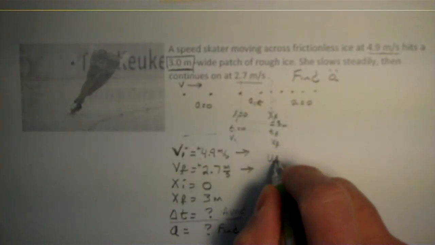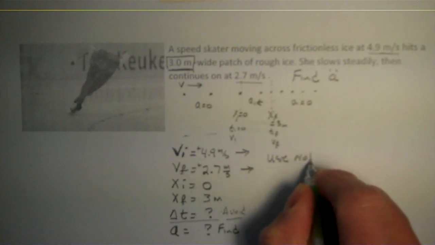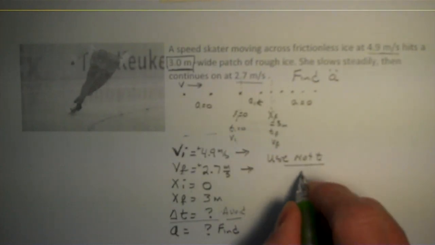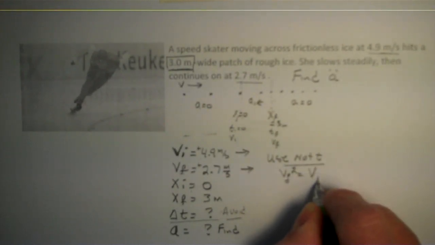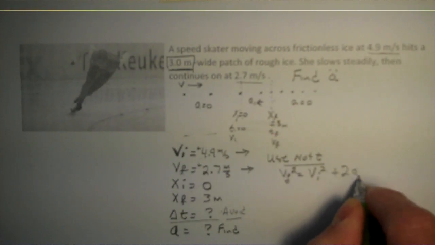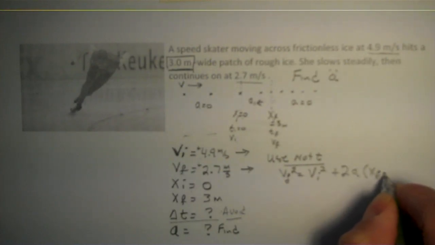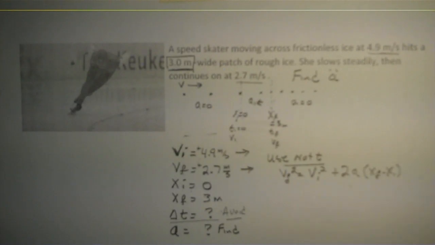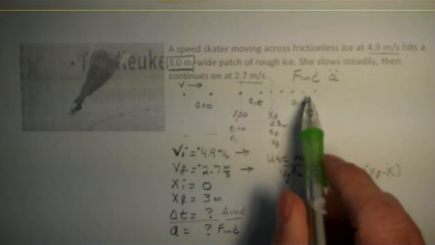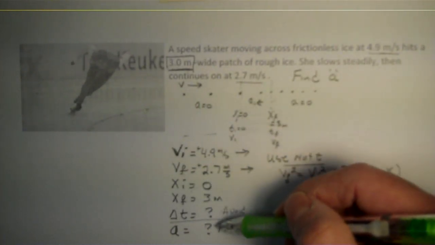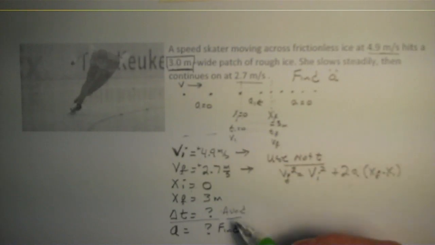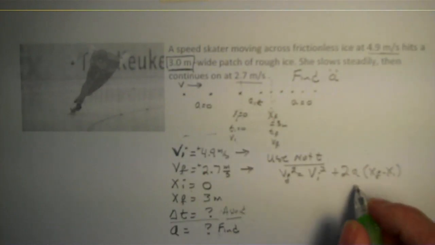So I'm going to use the not-t equation, which is v final squared equals v initial squared plus 2a times x final minus x initial. That's one of the key things. Once I've drawn my diagram, identified the interval of interest, and identified the variables that are valuable for that interval, then I can select the appropriate equation that gets me what I want, acceleration, while avoiding what I don't know, time.